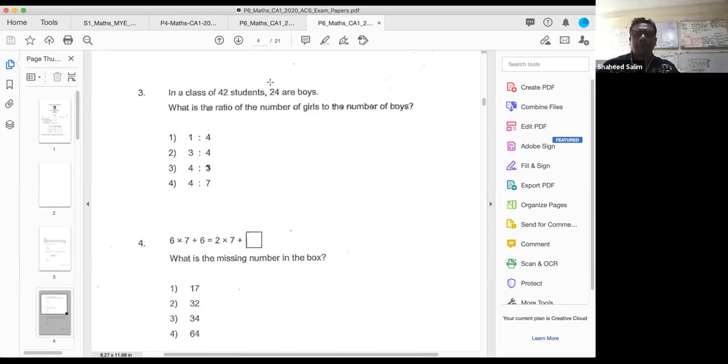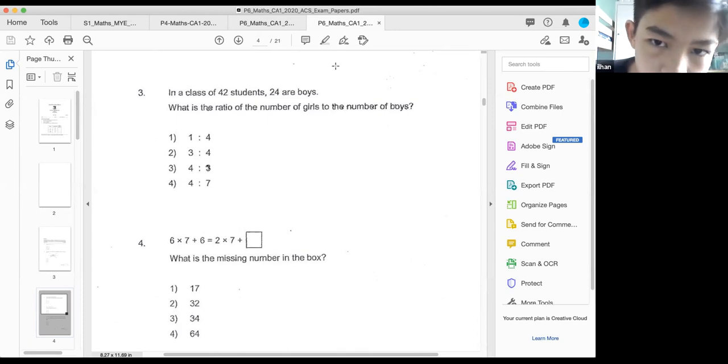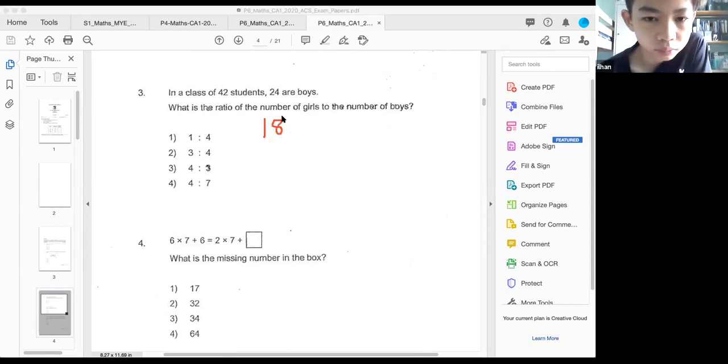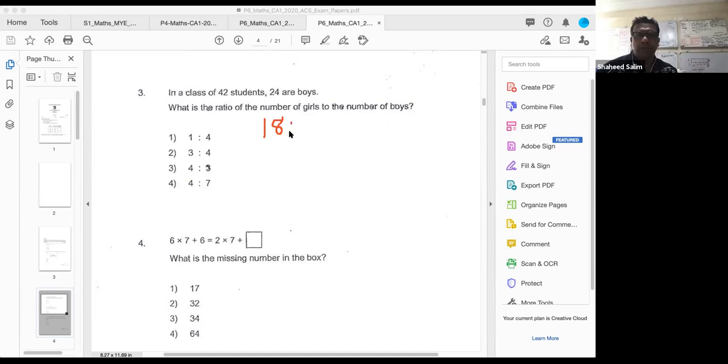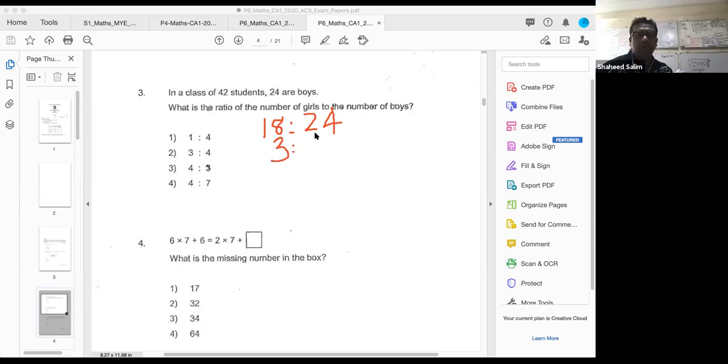Class got 42, boys 24, girls how many? 42 minus 24 equals 18. So number of girls 18, number of boys is 24, right? So you do like that. You can reduce. Both can divide by 6. Divide by 6, how much you get? 18 divided by 6? 3. 3 and 4. So correct, this one is okay.